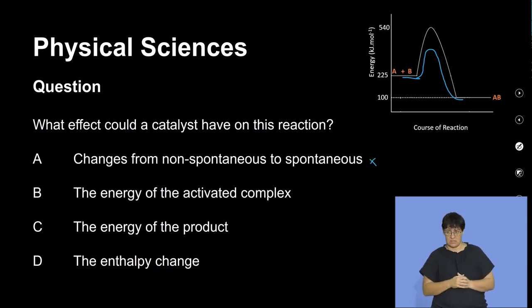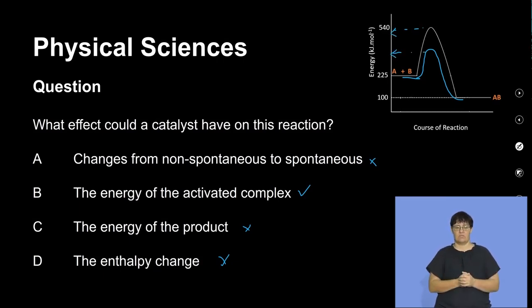Definitely not, okay? Because whether the reaction is spontaneous or not, a catalyst just lowers the activation energy. If it lowers the activation energy, it means the energy of the activated complex becomes lower, okay? That's a change, okay? But the enthalpy change of the reaction is actually not affected. So from 540, we would have a value that is actually less than 540.